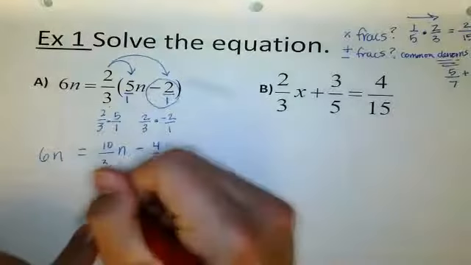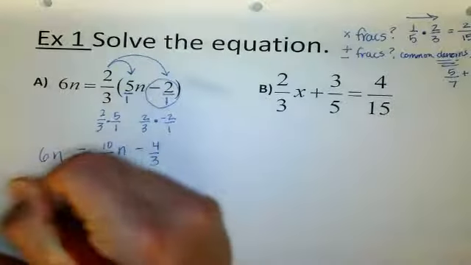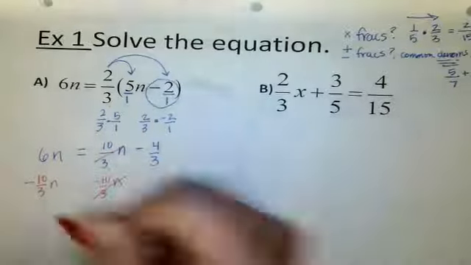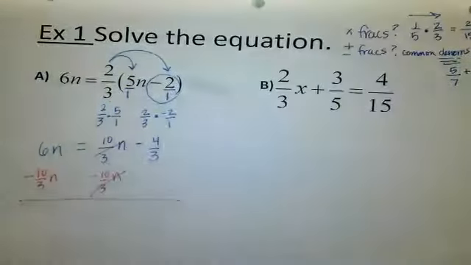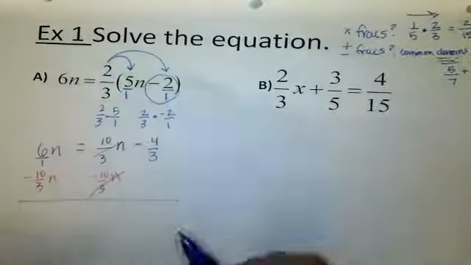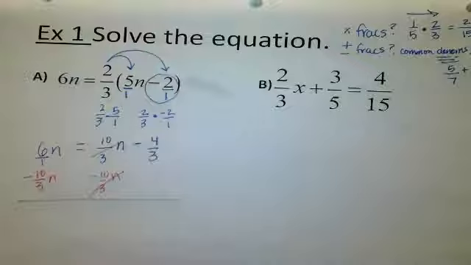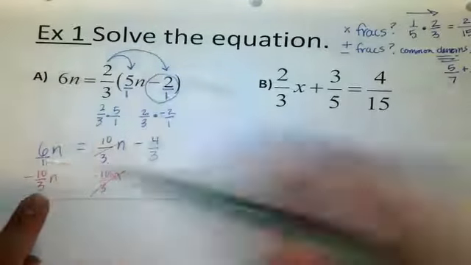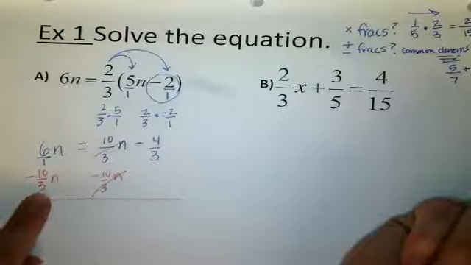Well, we're going to subtract 10 thirds n from both sides, just like we normally would if it was a 10n. But now this is 6 over 1 n minus 10 thirds n. What do we need to do in order to subtract fractions? Common denominator, right? I have a denominator of 3, and this first fraction has a denominator of 1. What should we do so they match?